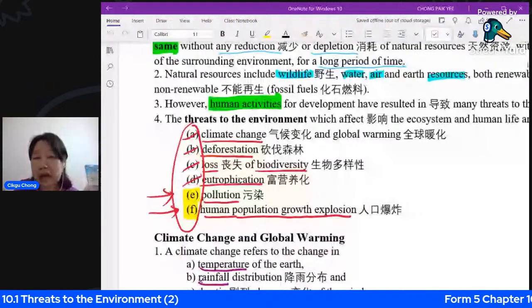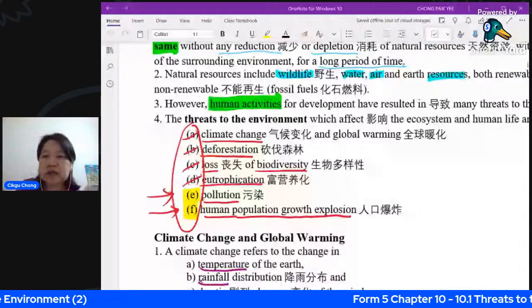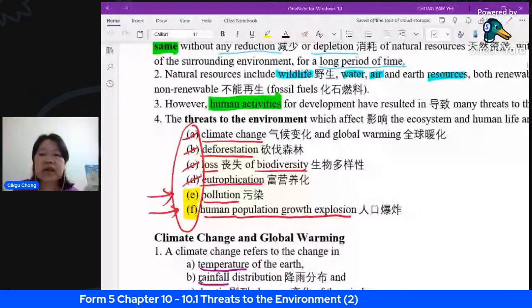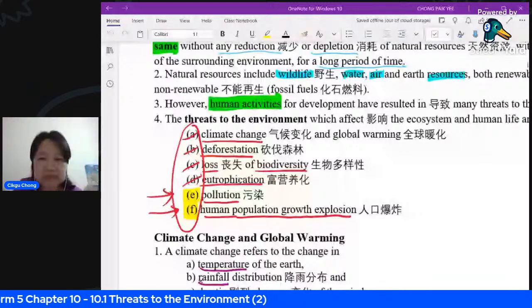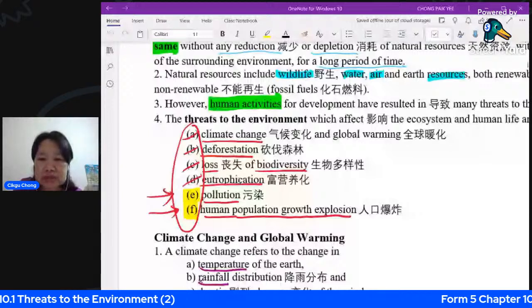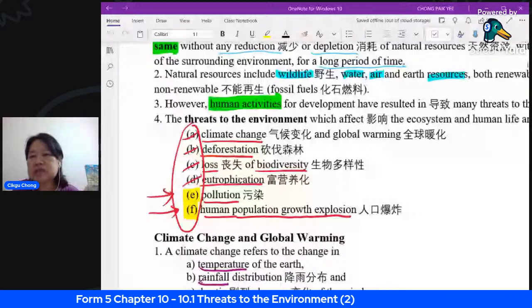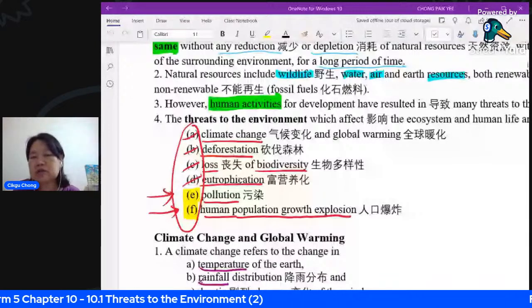If we talk about greenhouse gases, carbon dioxide is a greenhouse gas. Carbon monoxide is not a greenhouse gas. This is more of a pollutant. Usually carbon dioxide is not considered a pollutant. It is a greenhouse gas.